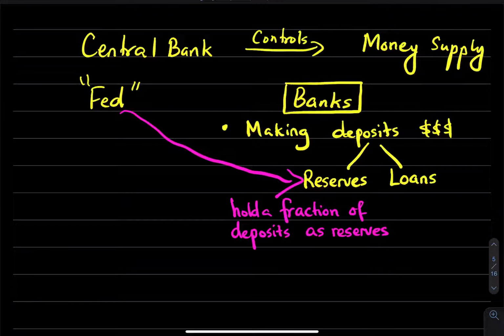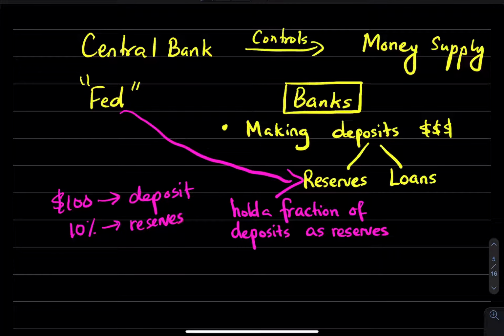Okay, so the bank cannot loan everything out. The bank must hold some of these reserves, perhaps for liquidity reasons. Let's say you had $100 and you made that deposit in the bank, and the Federal Reserve told the bank, well, you must store 10% of that deposit as reserves.